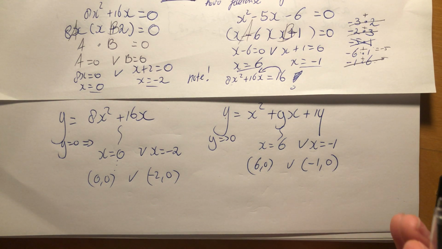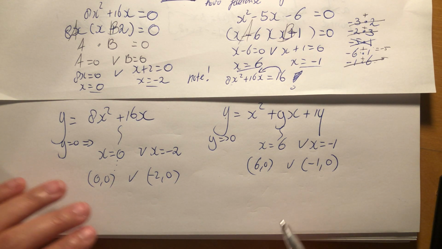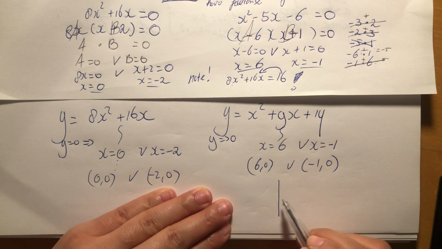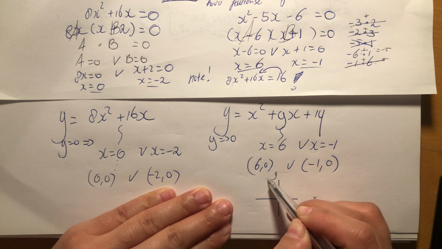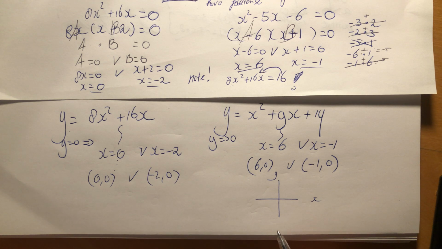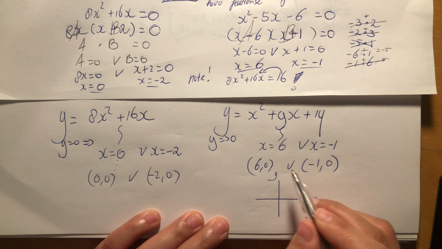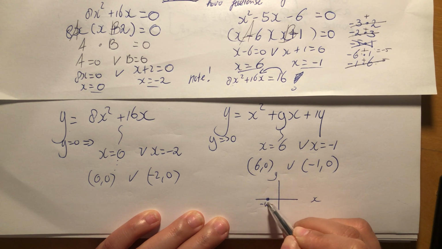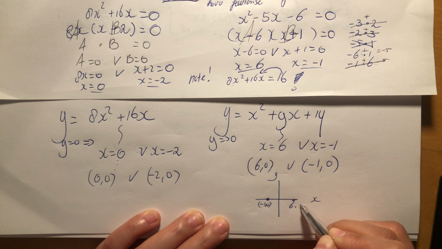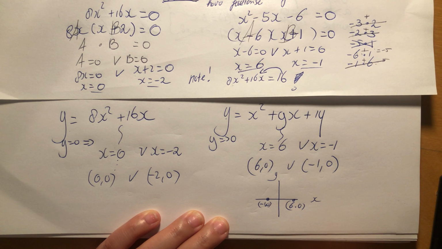So what you actually did, let's make a graph. Let's make the parabola here, x and y. What you actually did was finding x-interceptions because negative 1, 0, and over here we got 6, 0. And then you can find a way to find the top. But it's negative 1, 0, 6, 0.